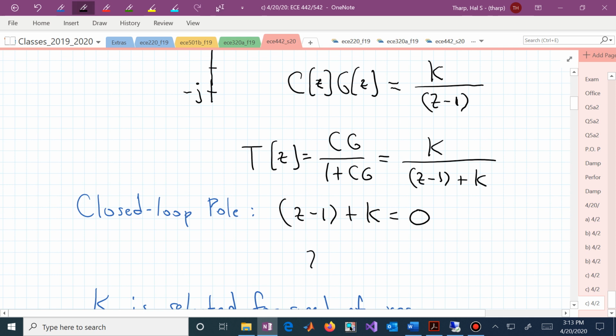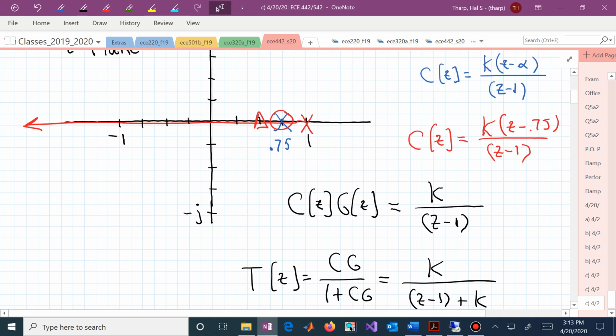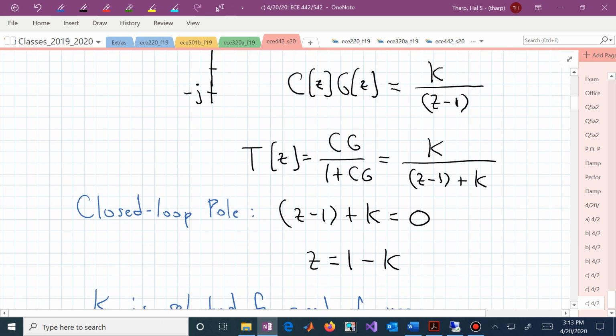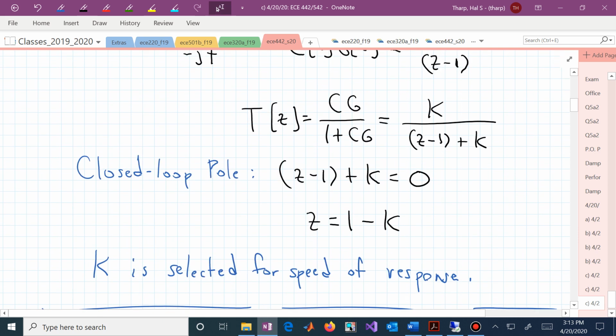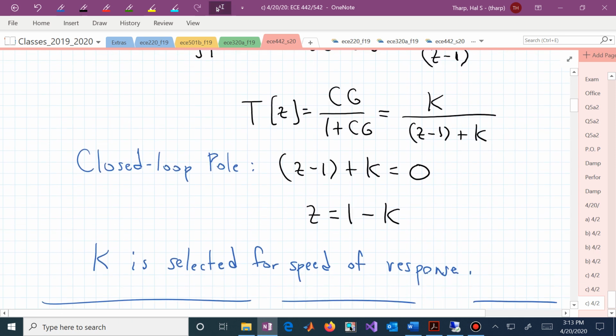If we now solve that for z, the pole location is determined by what we choose for K. And in this case, we're guaranteed steady state accuracy, or zero error due to a constant, because of the integral behavior of this controller, and we can pick the K to determine the speed of response. Here we could set K to give us our closed loop pole at 1/2, and that would mean then that our natural behavior would be governed by this mode of (1/2)^n, or our closed loop behavior.